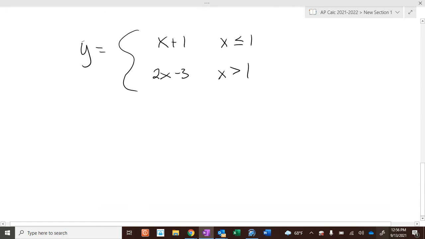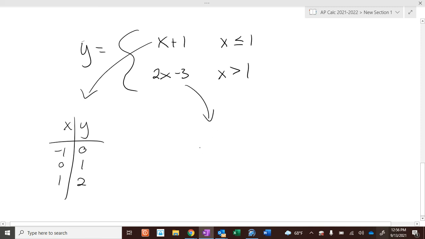So what you're going to have to do is make a table of values. So we'll take this, make a table of values: -1, 0, 1. At -1, we are at 0. At 0, we're at 1. At 1, we're at 2.